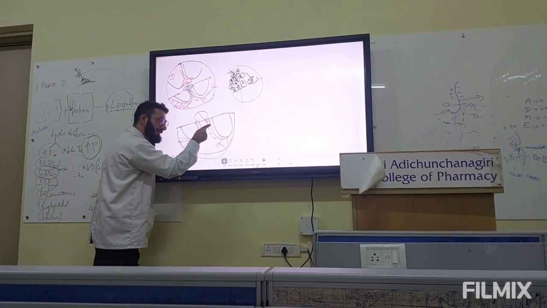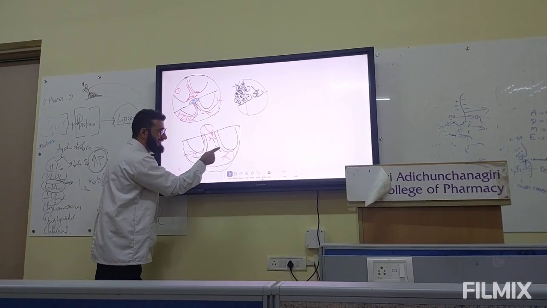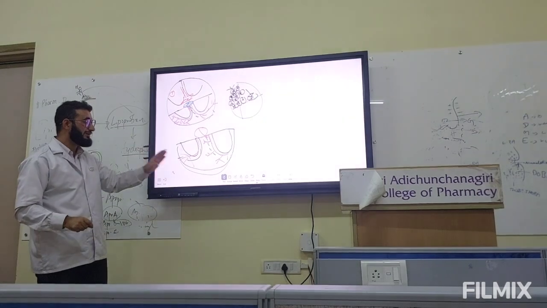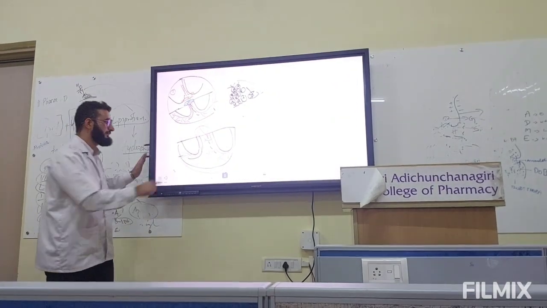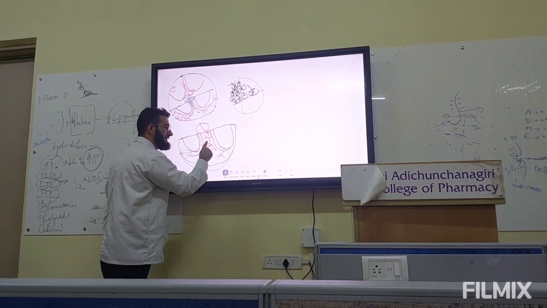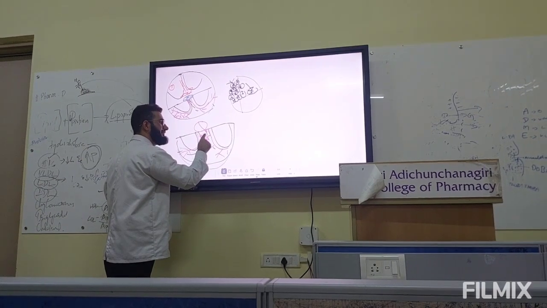Some of the current will lead through this gap junction, and they will depolarize the septum, okay, like this. First the myocardial cell, second, then the epicardium.